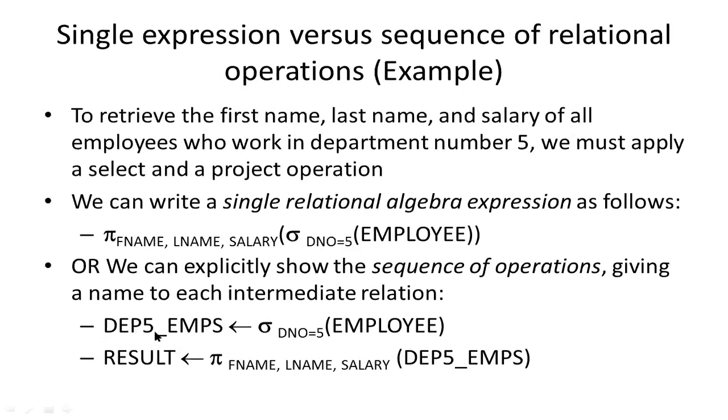Those 4 records will be stored in DEP5_EMPS, and then from among the 4 records you'll be selecting. So DEP5_EMPS is the intermediate result. On this intermediate result you perform the projection operation. You are not performing the project operation on the entire employee table. Instead, you perform the project operation on the intermediate result values. So here you'll be getting F name, L name, salary for department number 5.